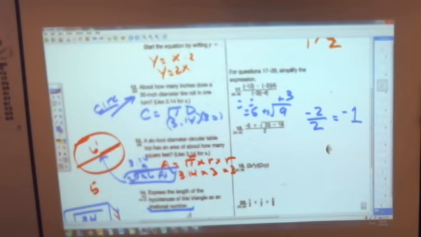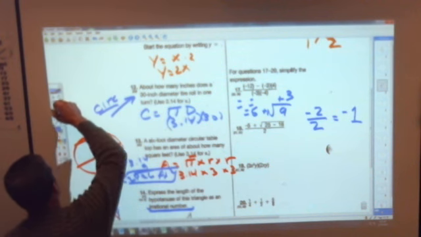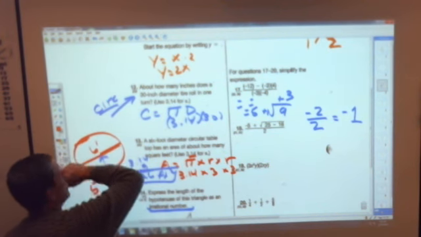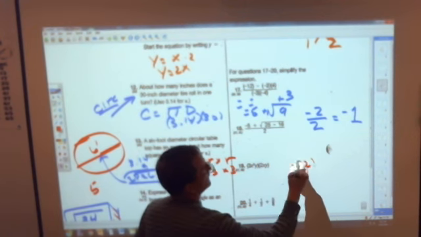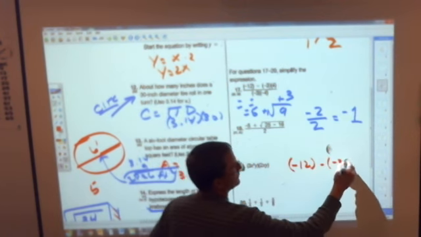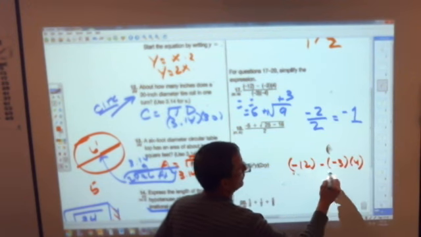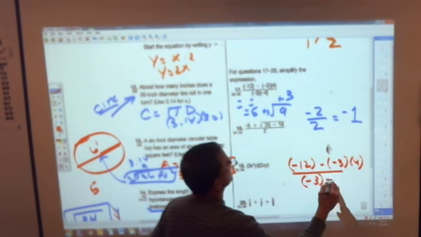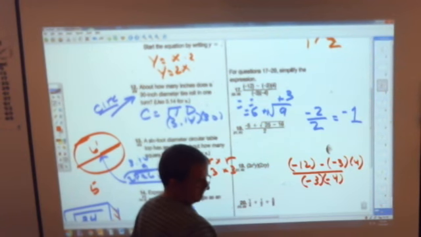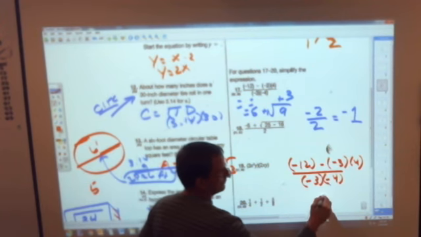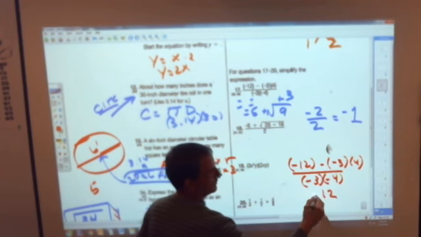Let me go over that again. Leah? Sure. I should probably do it off to the side over here. Alright, so we've got, let me do it right here, Leah. Negative 12 minus negative 3 times 4 over negative. Let's do the bottom first. Leah, what do you get if you multiply negative 3 times negative 4? What's 3 times 4, Leah? 12. Two negatives make something positive.